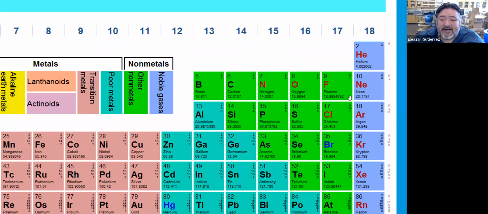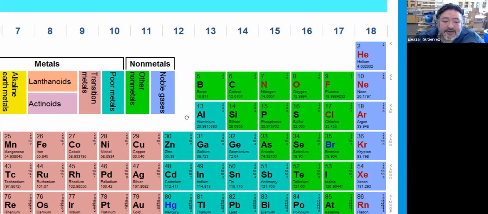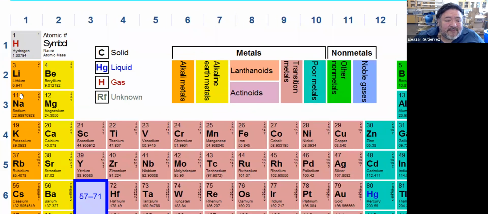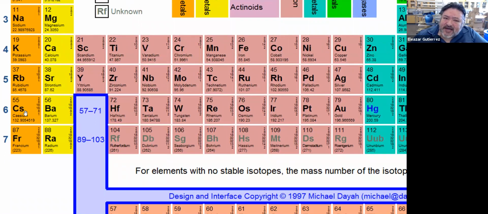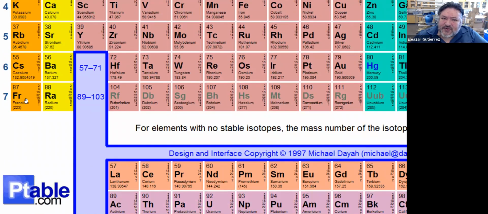But of those 11 electrons, 10 are happy. So therefore, 11 minus 10 is 1. So we have 1 valence electron. What a surprise. Hydrogen has 1, lithium has 1, sodium has 1. I'm willing to bet that potassium has 1, and rubidium has 1, and cesium has 1, and francium has 1.